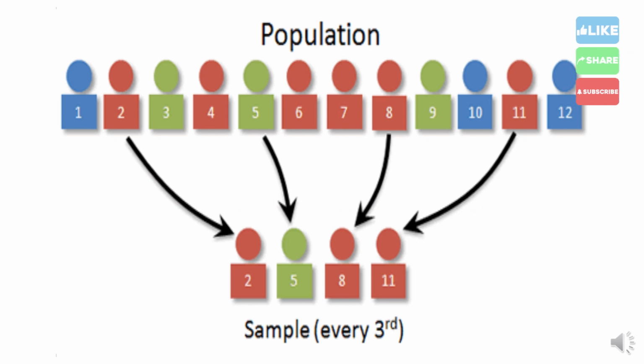Like we have a population with different numbers, and we can collect them like a simple sample of every third. So we can select on the basis of the previous slide steps.